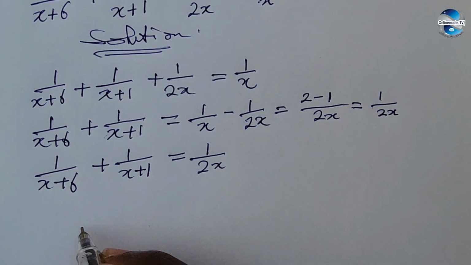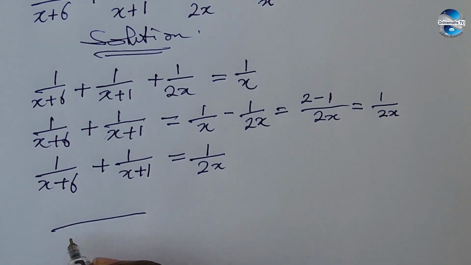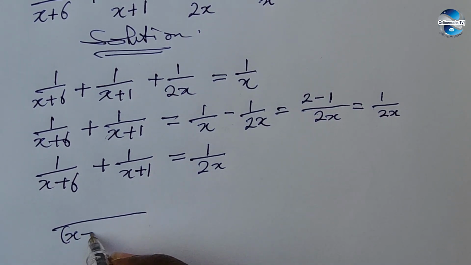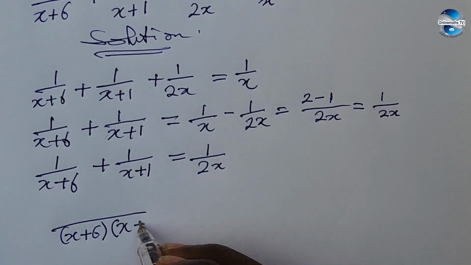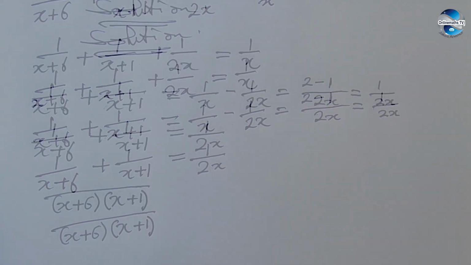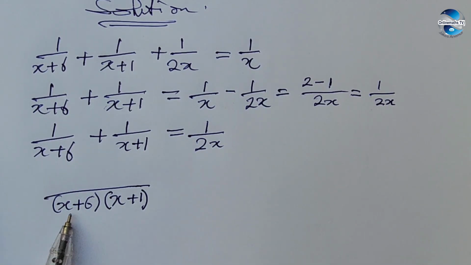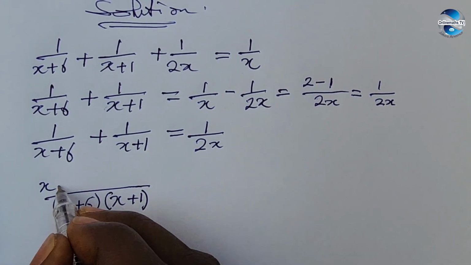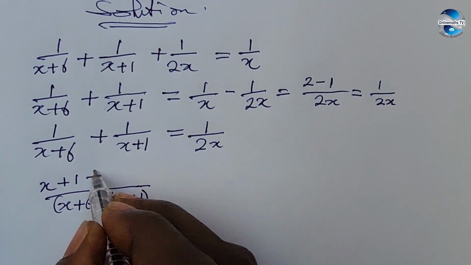The LCM gives us the product of the two denominators, which are x plus 6 and x plus 1. If we use the denominator x plus 6 to divide the LCM, we are left with x plus 1. So x plus 1 times 1 will give us x plus 1.